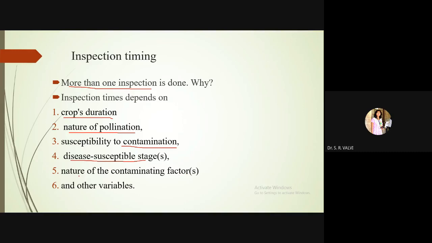That nature of contaminant factors you must know. Then other factors responsible for crop failure, that again you have to remember. All these conditions, all these stages, all these important factors you have to consider while doing any inspection in any crop field.